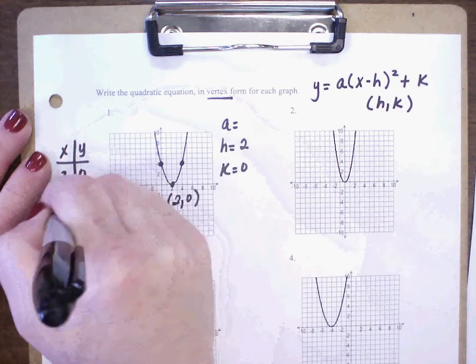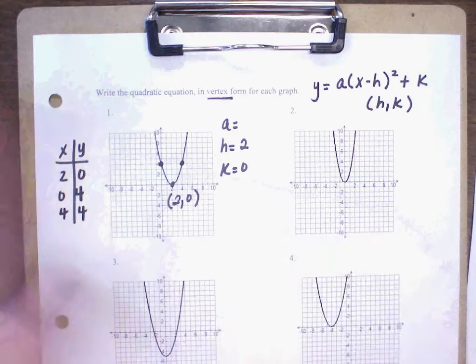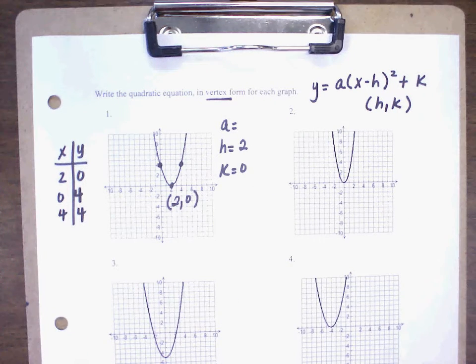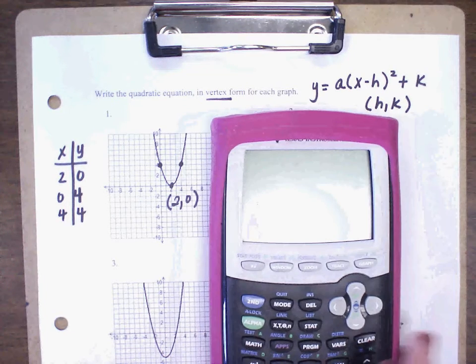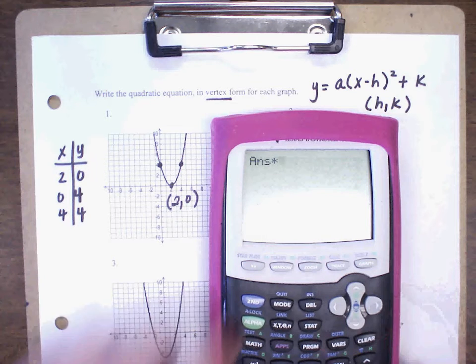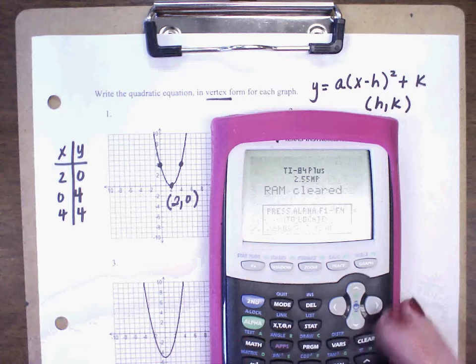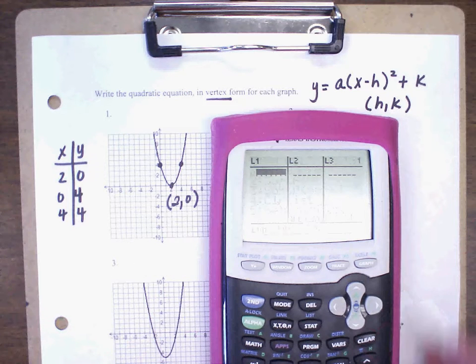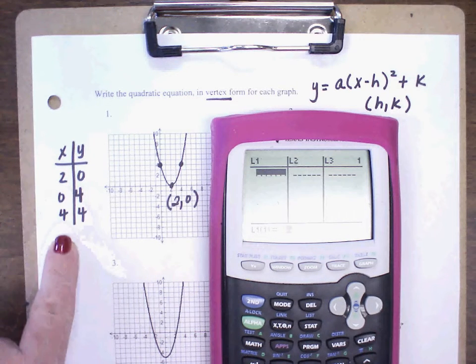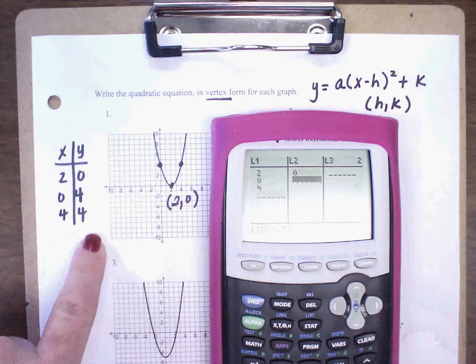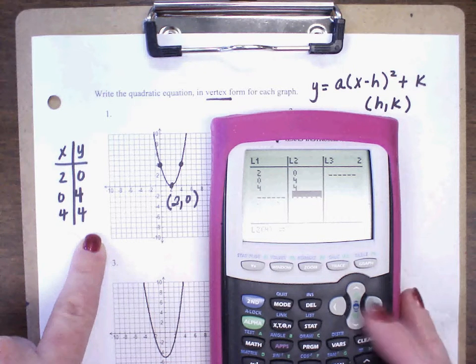I'm going to start with my vertex, 2 and 0. And then pick 2 points that you can read. 0 and 4. And then I just like to go across and find the one that has the same Y, right? So it would be 4 and 4. And then you come to your calculator and you work your magic. I'm sorry, you don't. She does.